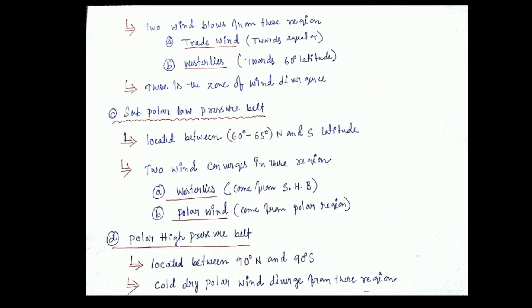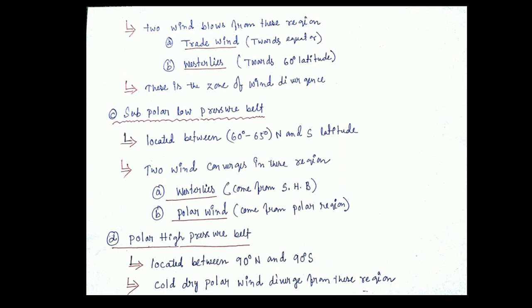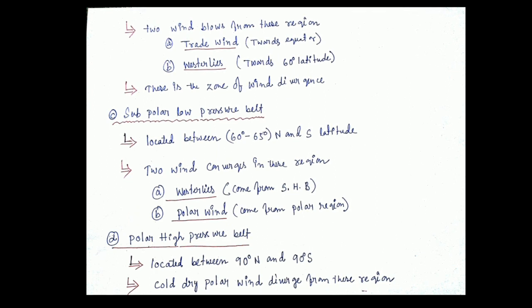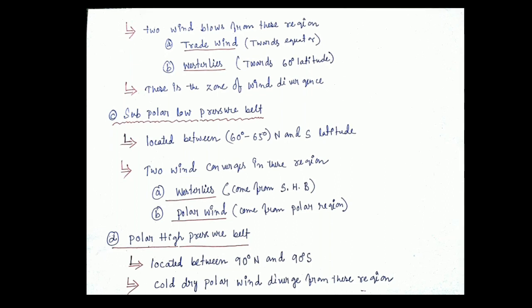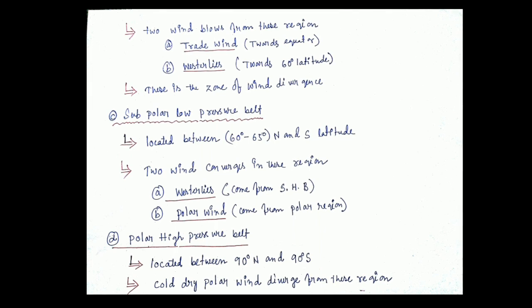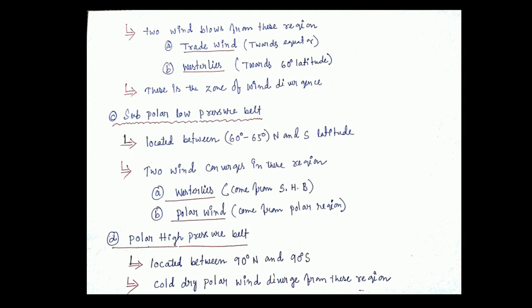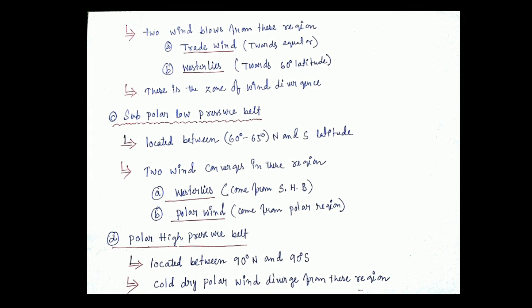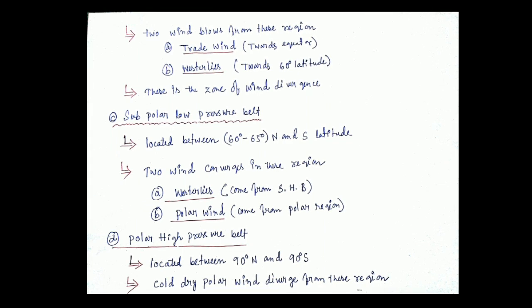Two winds blow from this region. The first one is the trade wind, which blows equatorward. This trade wind is further divided into two parts: the northeast trade wind, which blows from the northeast direction in the northern hemisphere, and the southeast trade wind, which blows from the southeast direction in the southern hemisphere.